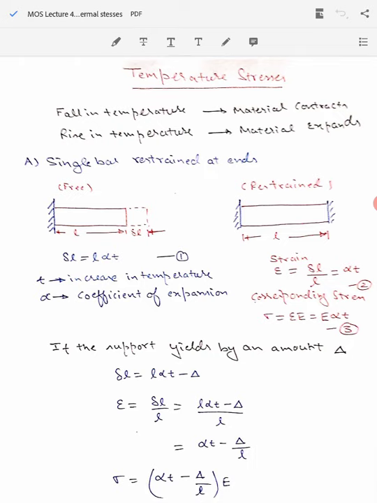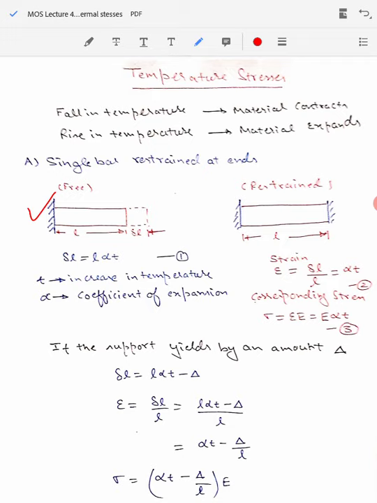So in all these situations, if the materials are free to expand or contract, there will not be any stresses produced. Like if we take this first example, here there is a bar which is free to expand. On one side it is attached to the wall, the other side of the bar is free.